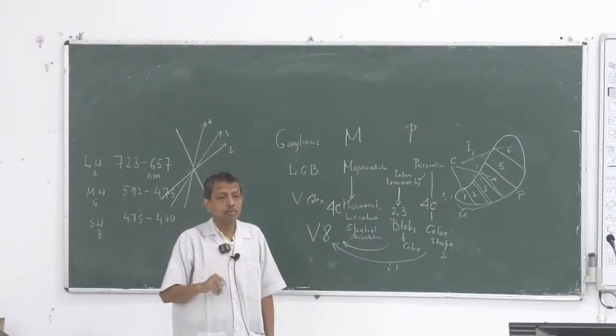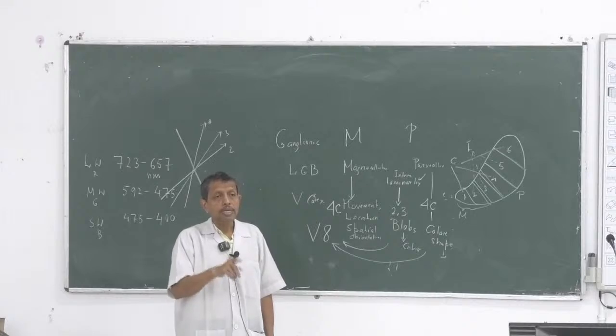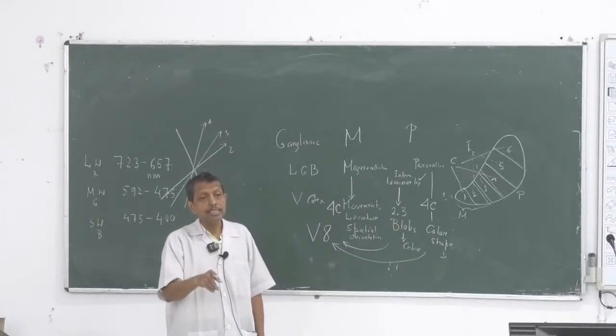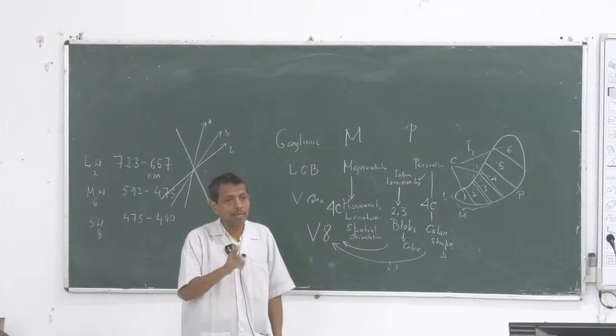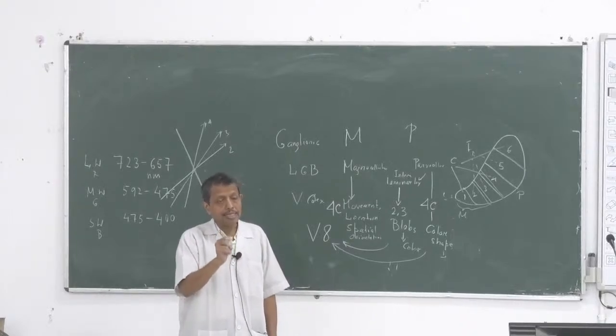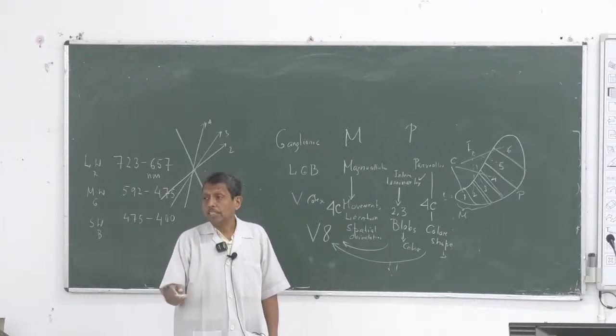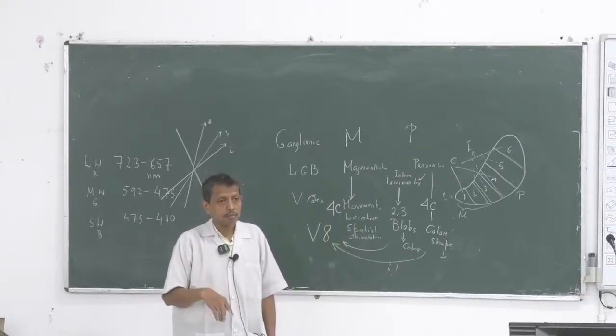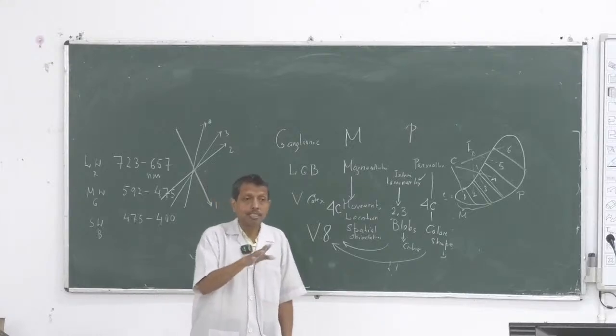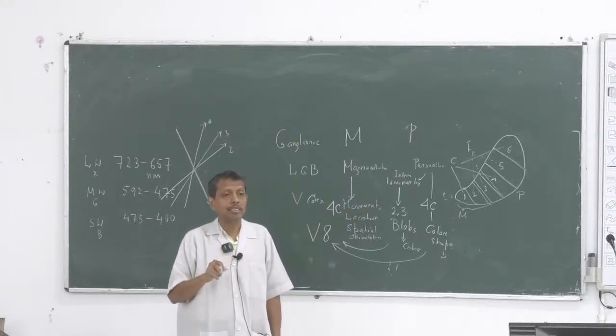Color has three attributes: hue, intensity, and saturation. Hue is the primary color, then there is the intensity, and then there is the saturation, that is the freedom from white. So there are three different types of systems ultimately.